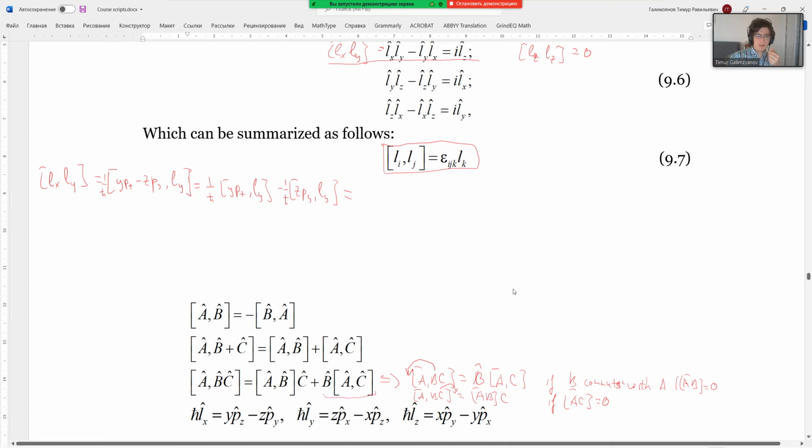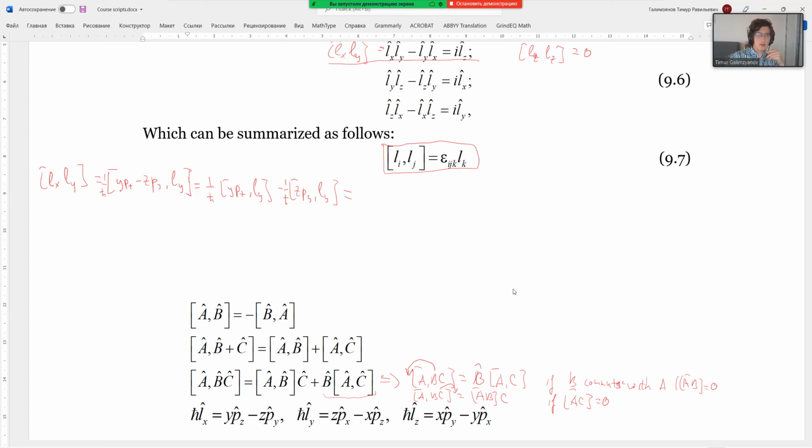And if C commutes with A, you just move C after the commutator and get this term. So be careful, the order of operators is very important. You cannot mess them up.